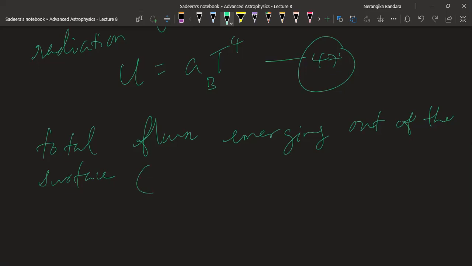And this is given by the Stefan Boltzmann law.